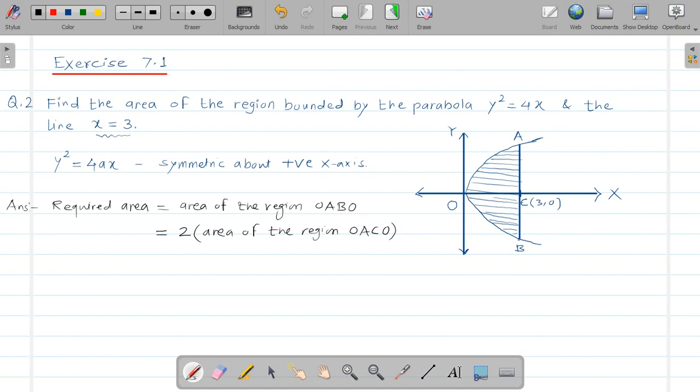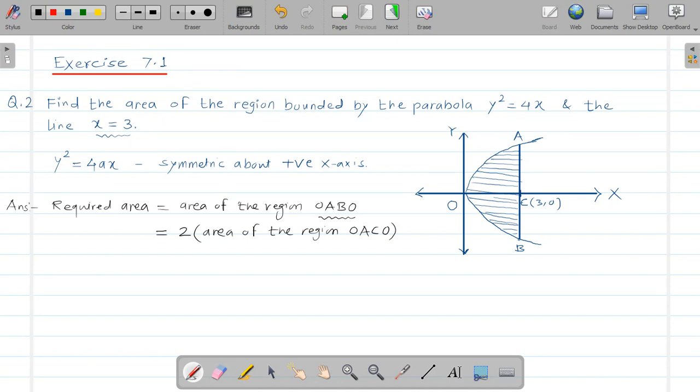See in this figure, we will find out the area of the region OACO, and if you take 2 times of that, then we will get the area of OABO.